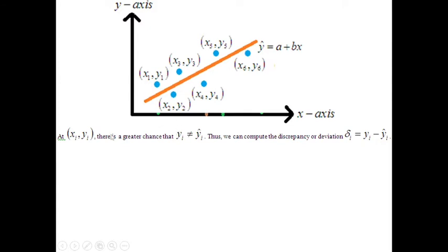There is a greater chance that y sub 1 is not equal to y sub 1 hat. So ibig sabihin yan, meron kang actual point, meron kang approximating point. So ito yung actual point natin, x1, y1. Ngayon, meron kang approximating point, x1, y1 hat.